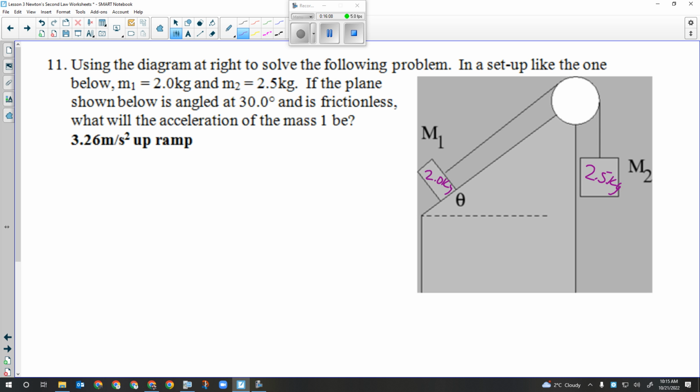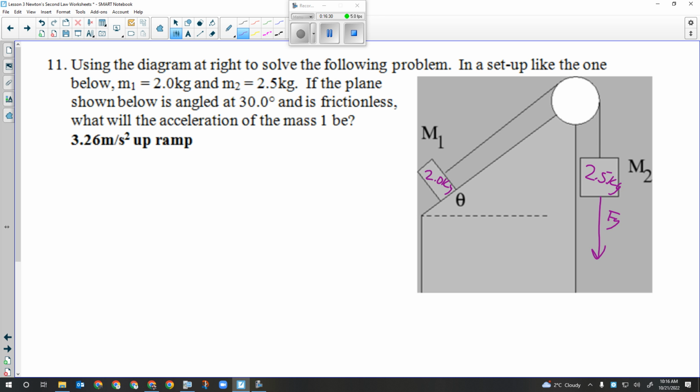Is this any different than pushing something up a hill? Other than when you get the net force, you have to keep in mind it's how much mass? 4.5 kilograms. That's really all that changes. The force of gravity that's pulling on the 2.5 kilogram mass is going to be our force upwards on the 2 kilogram mass.